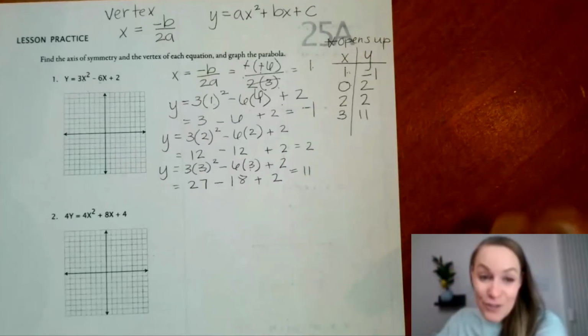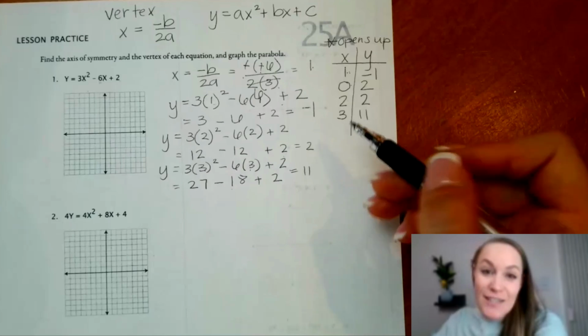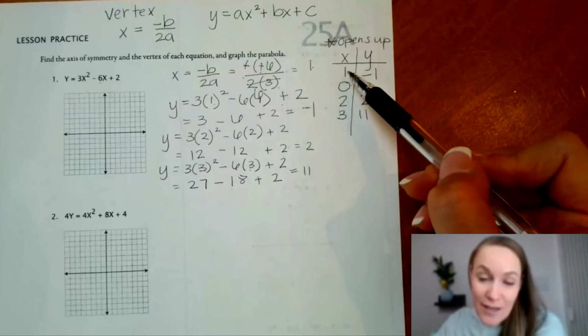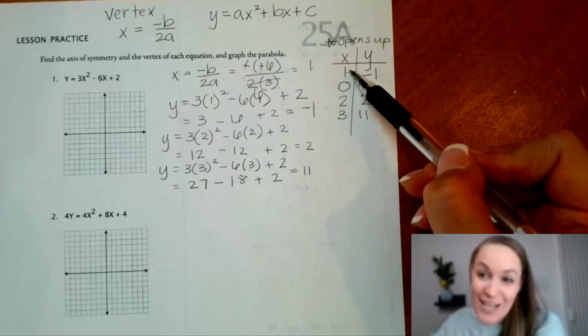Now, if you want to save yourself some time, I'm trying to think what is equidistant away from the vertex on the other side.